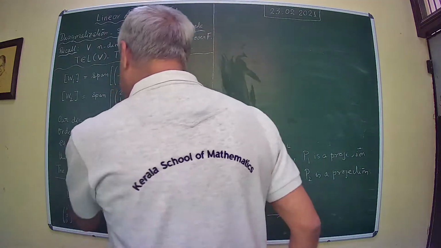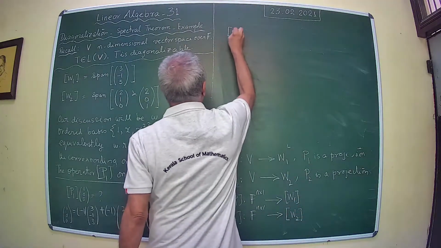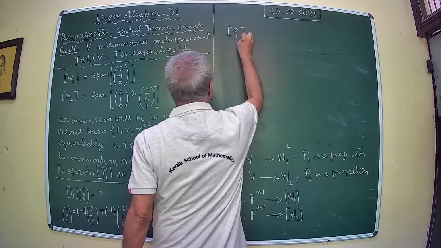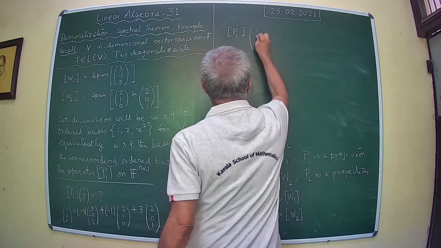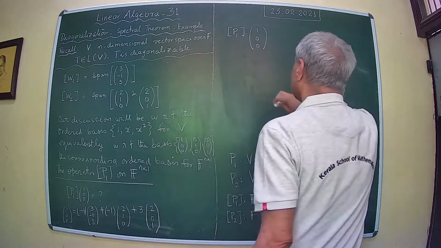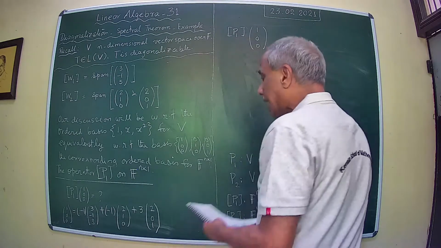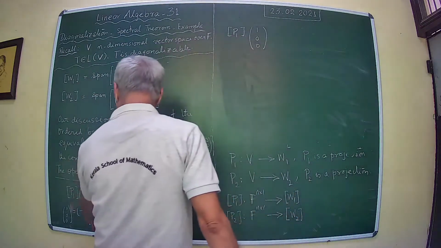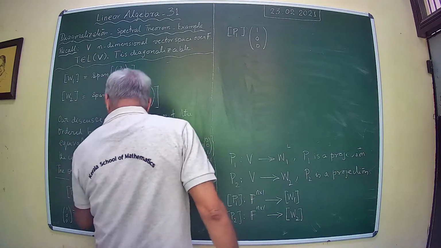Now what exactly is this? P1 of 1 0 0 is actually the projection onto W1. So if you break it up, it should give only this element.